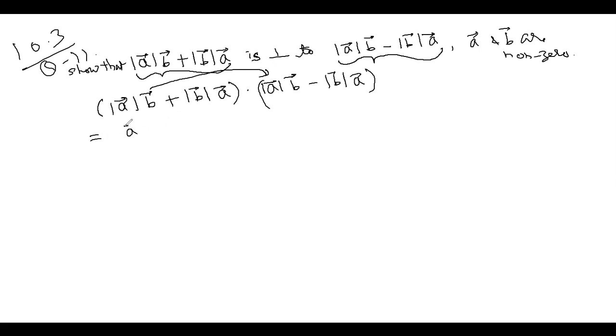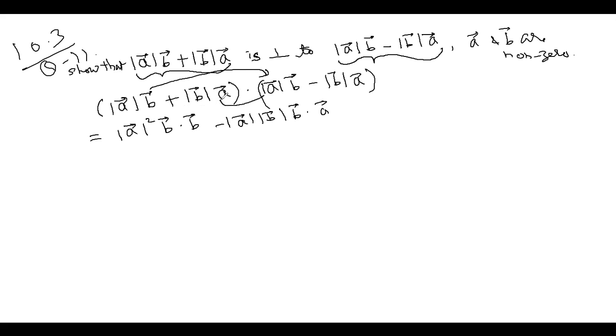So magnitude and magnitude will multiply, magnitude of A square, then B dot B. First we should write B dot B; later on, in the next step, you can write the square of the magnitude. Then multiply with this one, so minus magnitude of A into magnitude of B, and this B will multiply with A, so B dot A, vector B dot vector A.